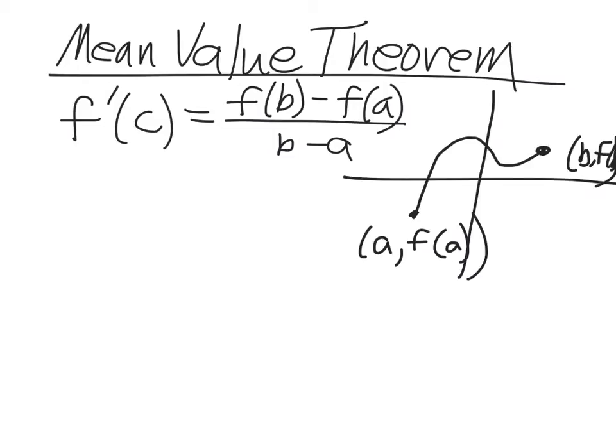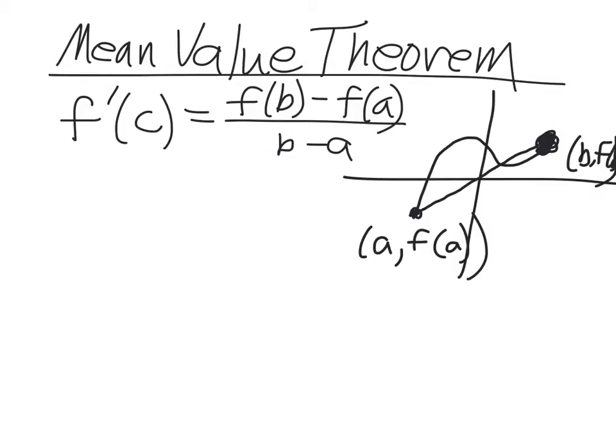And the mean value theorem compares the slope, oops, make that bigger up here. The slope of the line between our endpoints and the slope of the tangent line at certain other points.